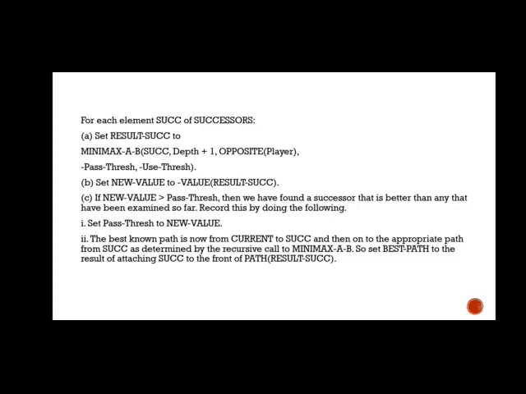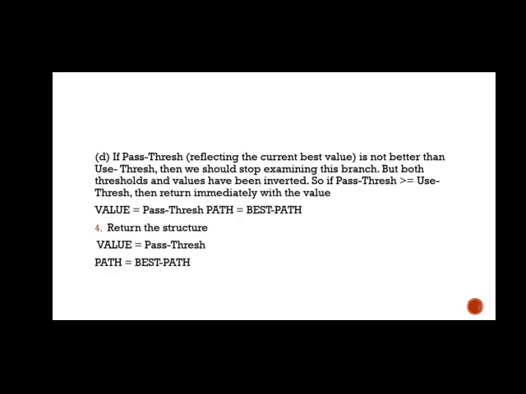And in the last step, if the Pass-Thresh, reflecting the current best value, is not better than the Use-Thresh, that means, as in the previous section, that the beta value is not better than the alpha value available, then we should stop examining that branch. That means we can cut off or prune that branch, but both thresholds and values have been inverted.